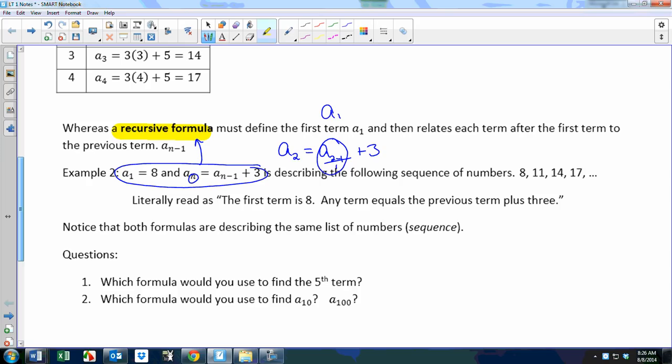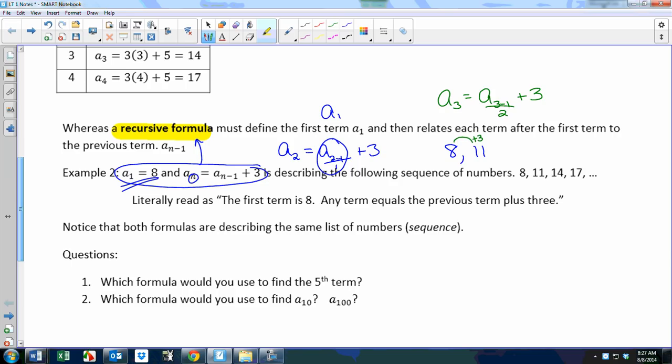That's what it's saying. So your first term was, according to the definition, 8. And it's saying, take that first term, and you get your 11. To find the third term, if you put a 3 in this formula, it would say a sub 3 equals a sub 3 minus 1 plus 3, which just means a sub 2.